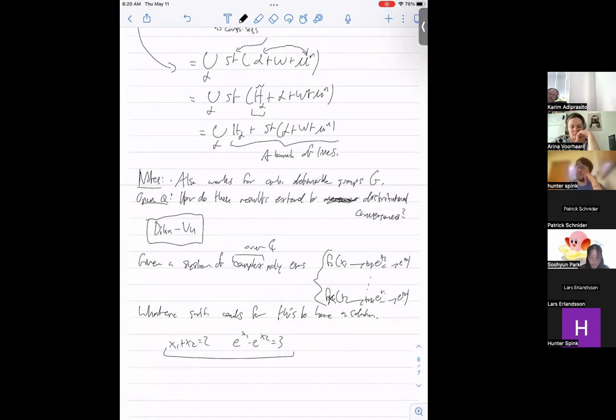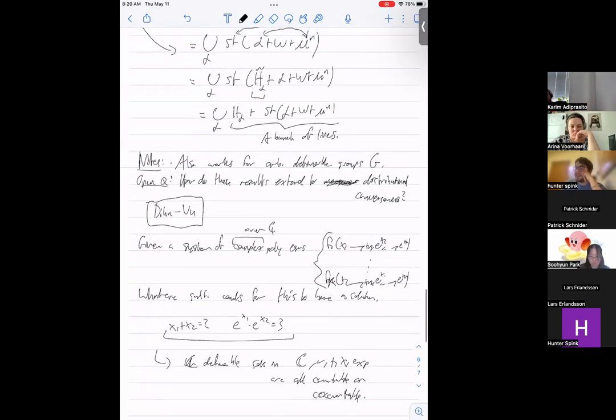And if this were true, it would imply Zilber's conjecture that the definable sets in the complex numbers with 0, plus, times, and exp are all countable or co-countable. So that would be a very nice application of this.